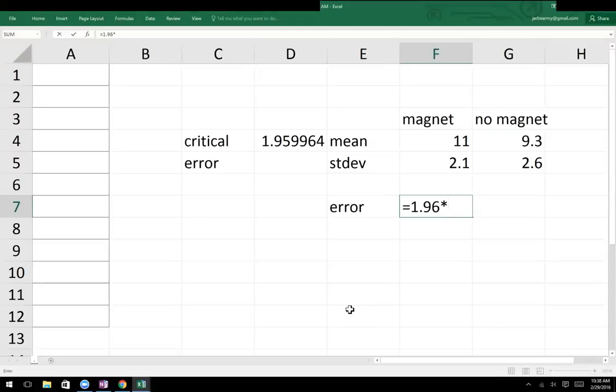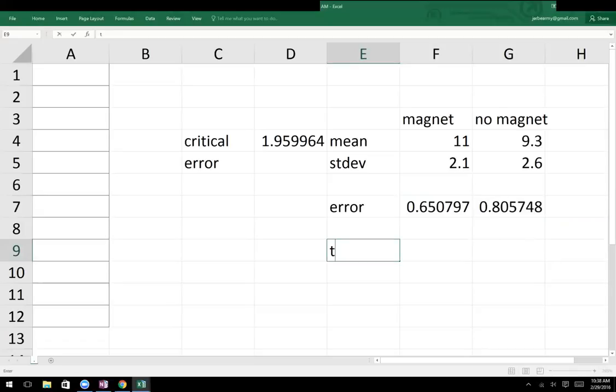What's in the numerator? Yeah, the standard deviation. So times the standard deviation for a single guy, and then divided by square root of 40. And the other one's going to be the same thing. Just pull it over.